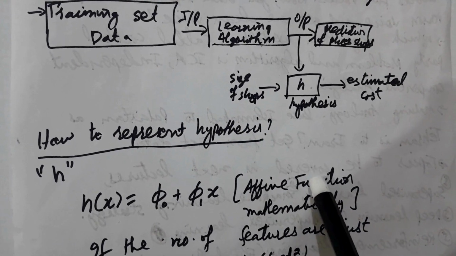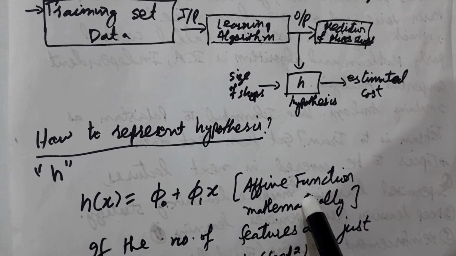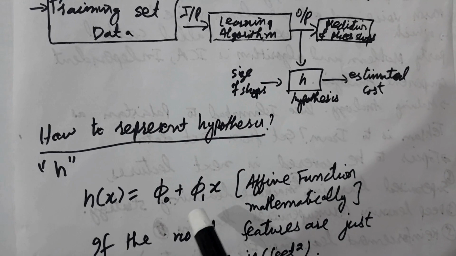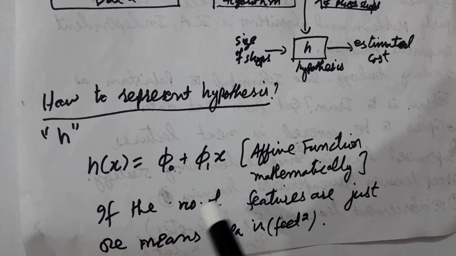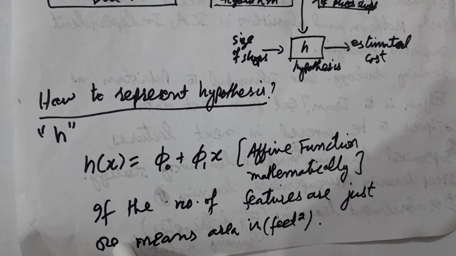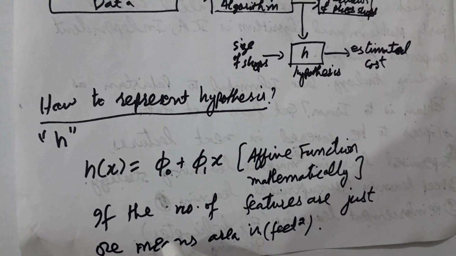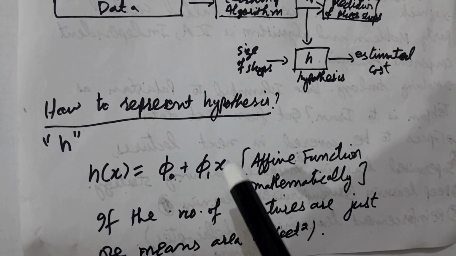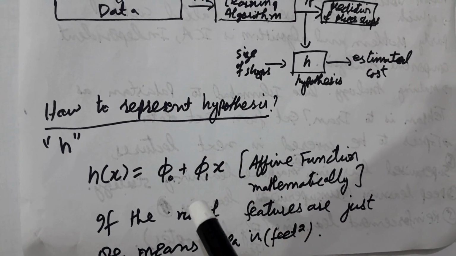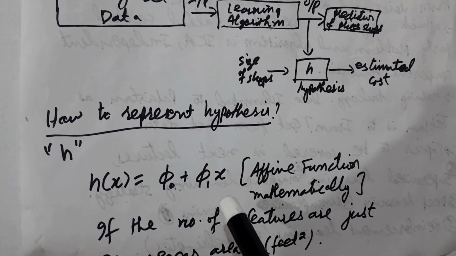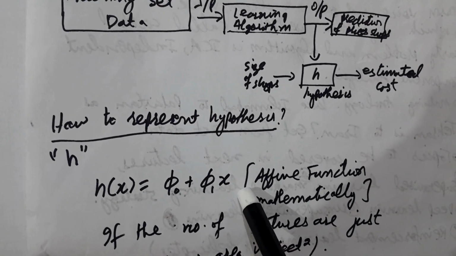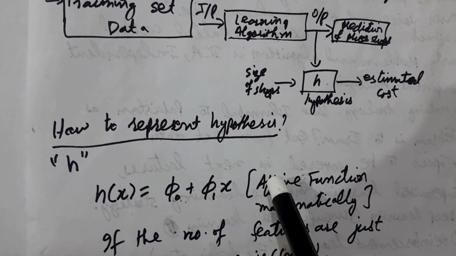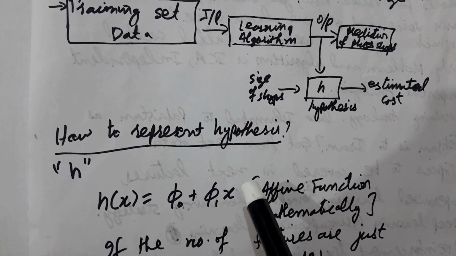That is an affine function, as it is usually called by mathematicians. This is if the number of features is just one, for example the area provided in feet square. If the number of features is increased, what will it do to the prediction? That is the next level problem.